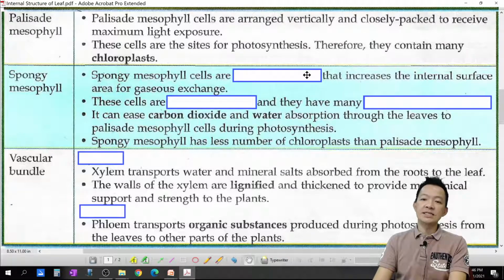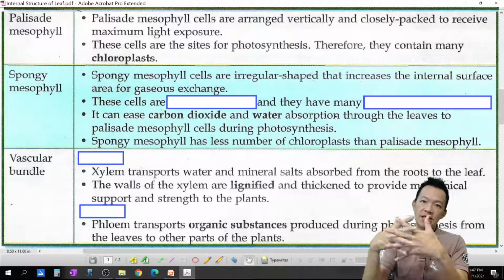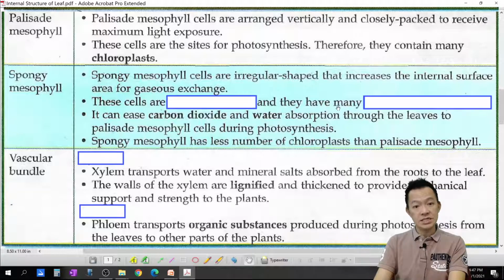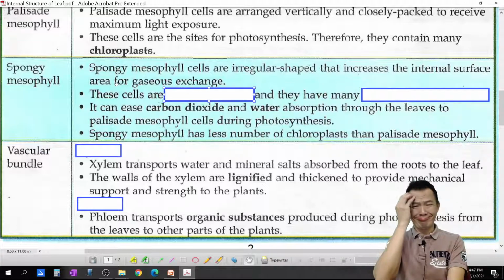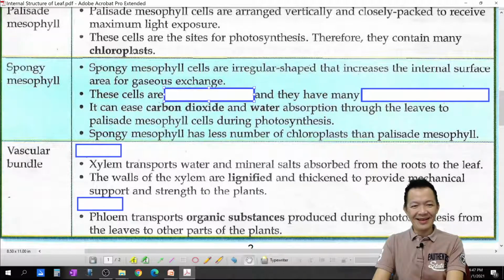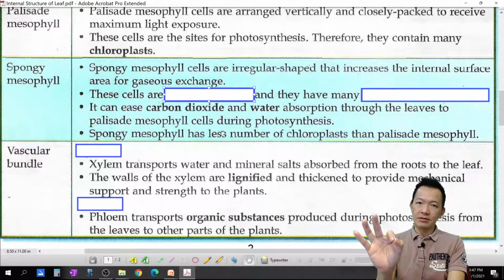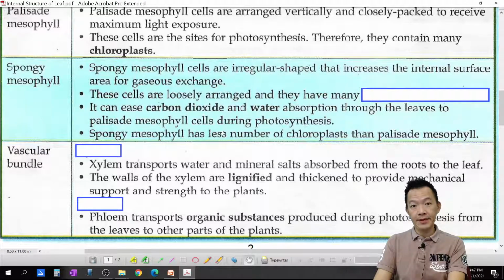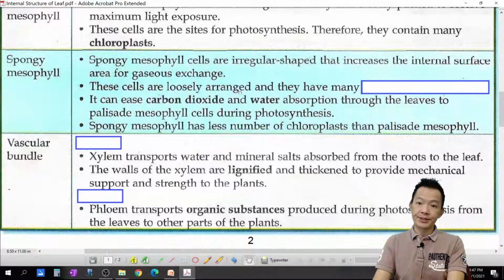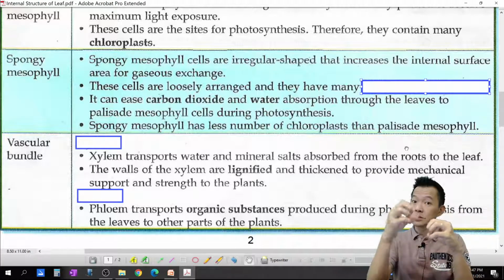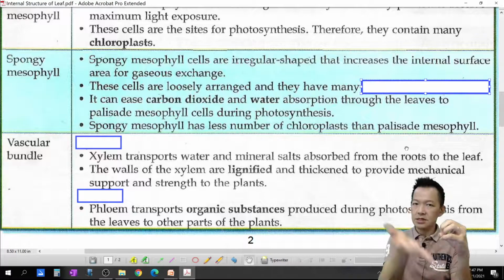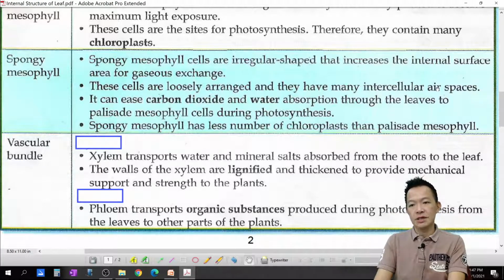To increase the internal surface area, to exchange gas. And these cells are loosely arranged, and because they arrange loosely, they have many air spaces, intercellular air spaces.